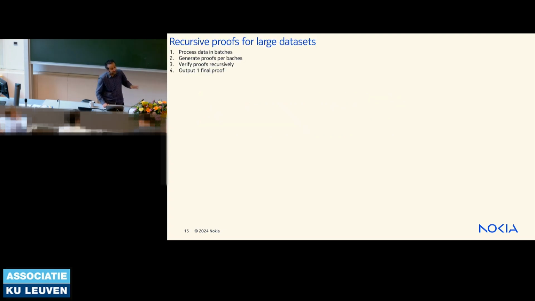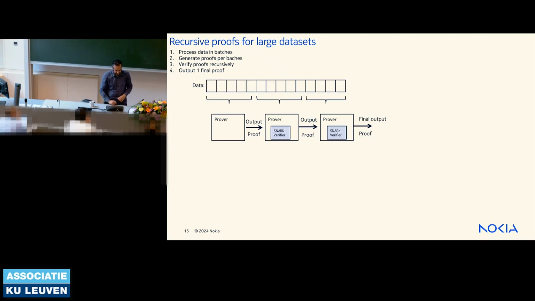So we process data in batches and generate a proof per batch and verify proofs recursively. So for the first batch, I generate the proof. For the second batch, I generate the proof. I check this proof in my proof generation, and recursively I'm doing this. I have a picture for that. Imagine this is a big data set on top, that's a big tape of data.